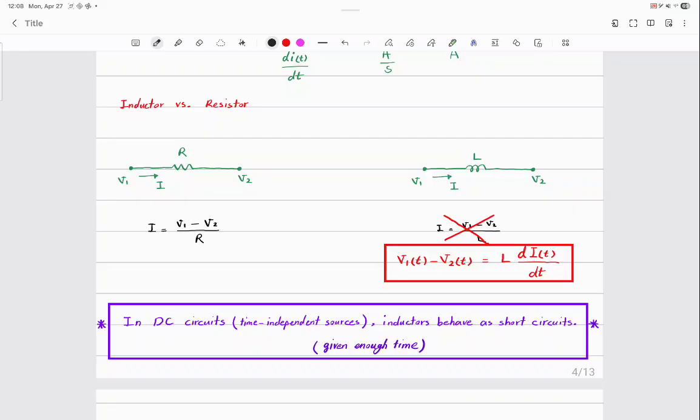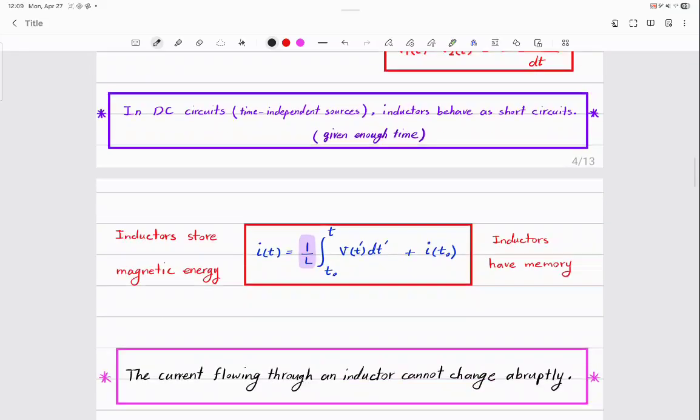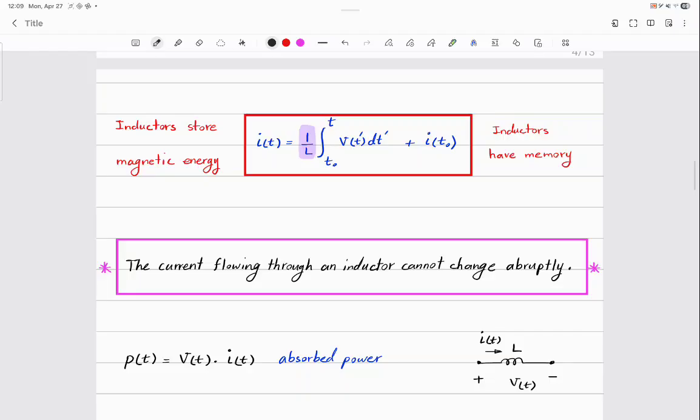But if I'm talking about the circuit right after switching, is everything constant? No. Everything is actually in the transient region. That's why we leave it for a long time, and then we can say, okay, now we can replace the inductor with a short circuit. Am I making sense to everyone? Okay, so that is one point I wanted to make.